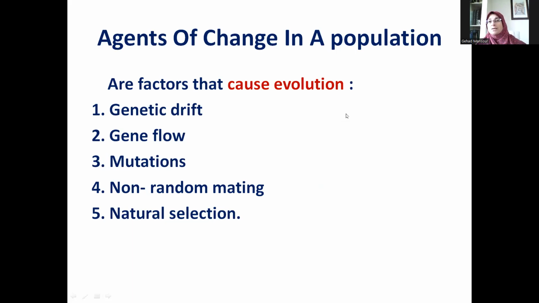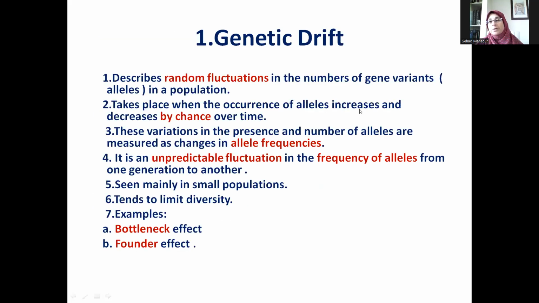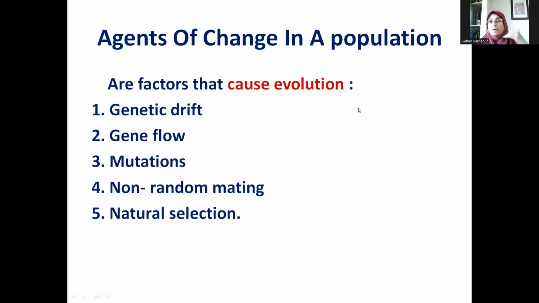This is exactly the opposite of what we were discussing at the beginning, but they are not contradictory. In the previous part, part one of evolution, we were discussing the factors that preserve variation in the population.